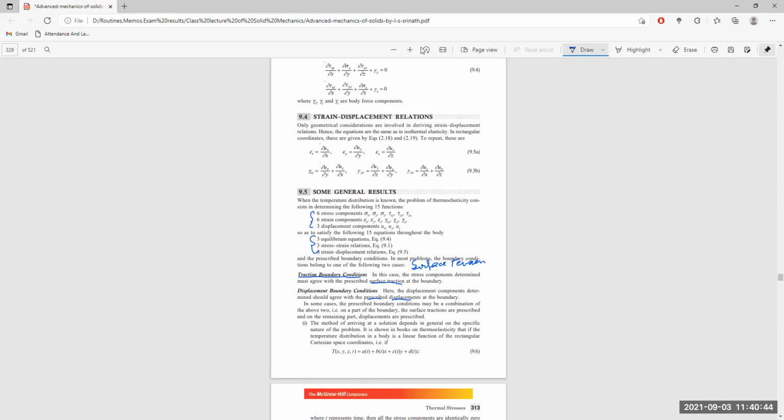In some cases, the prescribed boundary condition may be a combination of the above 2. There may be some traction, or there may be some obstruction at the boundary which is not allowed to change the stress. It means some traction at the boundary, as well as a restriction which does not allow the change in dimension.